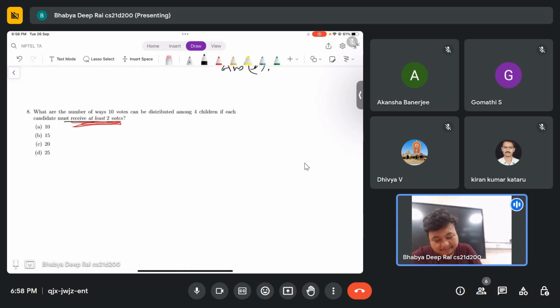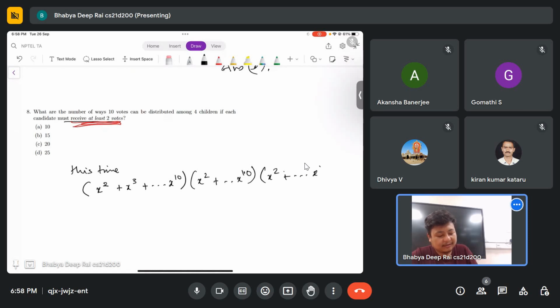So this time, my polynomial is: any politician can get 2 votes, 3 votes, and so on till 10 votes. Another politician will also get the same. Another person also has the same chances, and the other one.